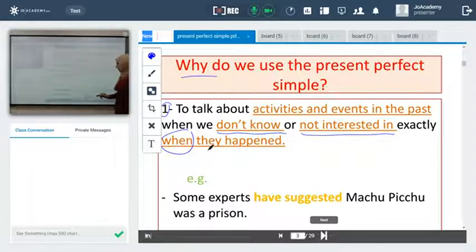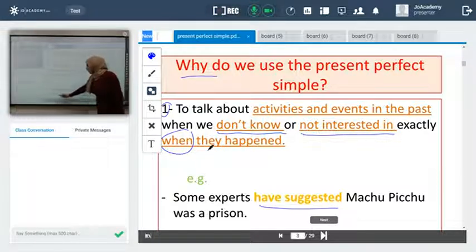So, for example, some experts have suggested Machu Picchu was a prison. Can you tell me when? Is it mentioned in the sentence in which year? For example, in 1992 or in 2020? It is not mentioned. So when we don't know the time, or when we are not interested in telling the time, we can use the present perfect form.